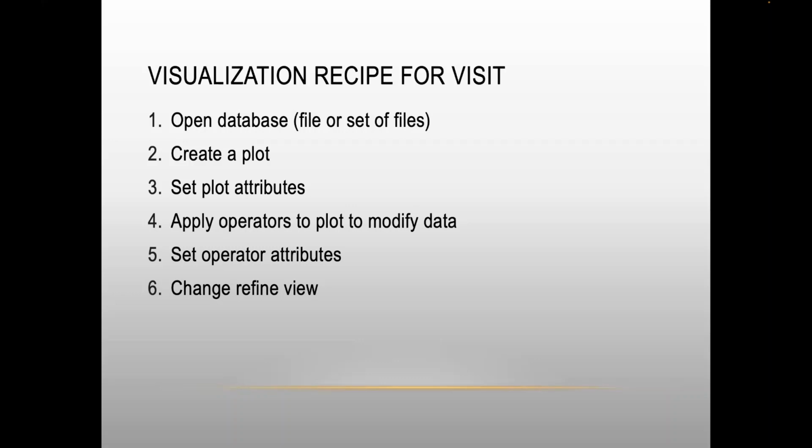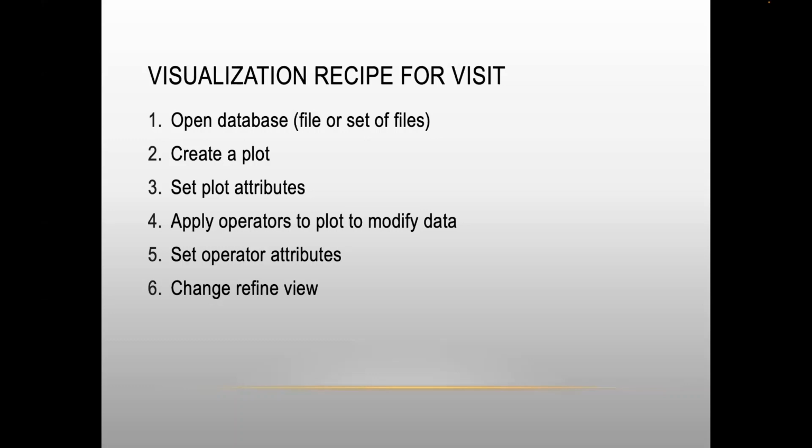Then you can set up some operators. Think of operators as filters: filter the data and only show me the data at this level, or do something else with the data, mirror the data, translate the data, copy the data, or something like that. You can do that with operators.